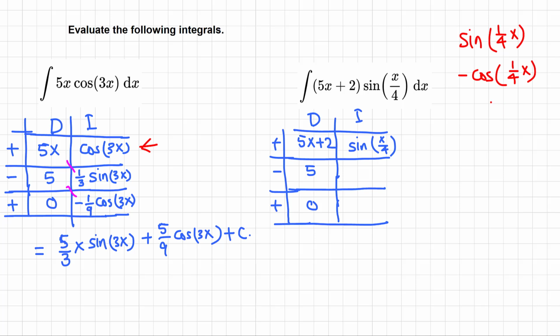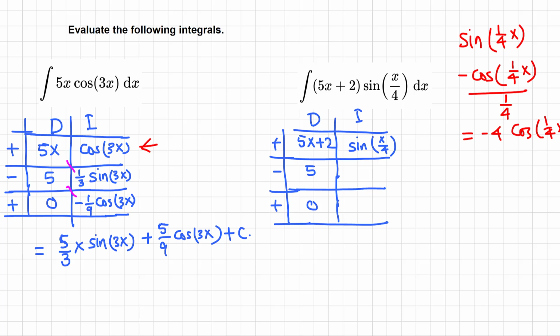So here, divide by 1/4 means this 1/4 becomes 4. So this is negative 4 cosine 1/4 x. It's a 1/4 fraction, so when we divide we bring 1 over 1/4, which is 4.